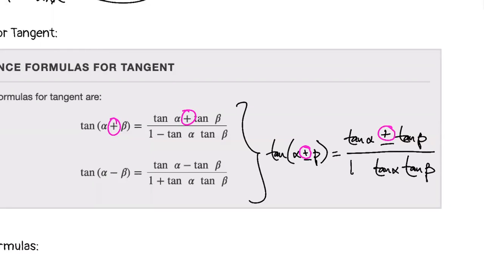In the denominator, I have 1 space, tangent alpha, tangent beta. Exactly, and we're going to flip-flop those, minus, plus, because the minus is the one from the tangent alpha plus beta equation. Okay. And then over here, let's just double check we did it right. We've got minus, minus, and plus, and that's good because we have minus, minus, and plus. Okay.